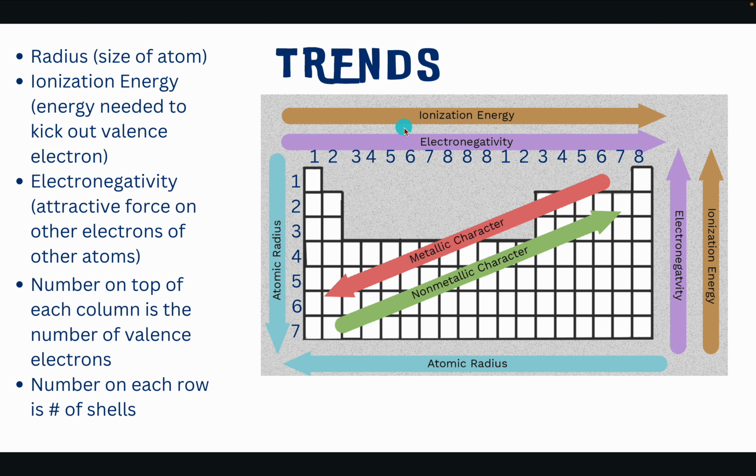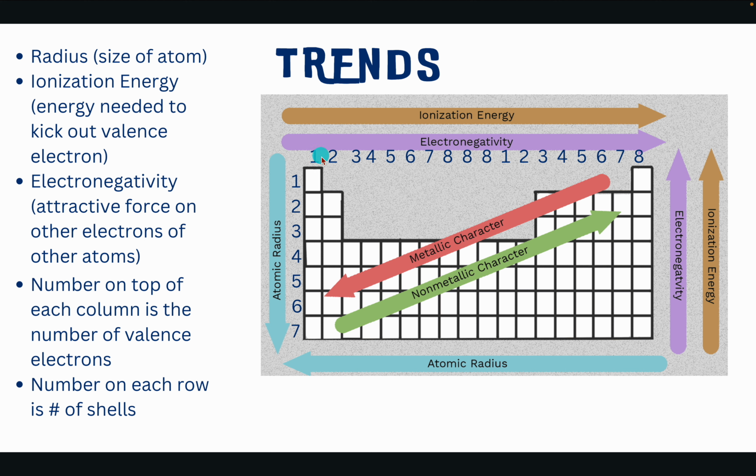Ionization energy, to kick out the valence electron, is the whole opposite trend. It increases across the period, but decreases down the column. That is because the more the radius is, the less the ionization energy is. So they are inverse.